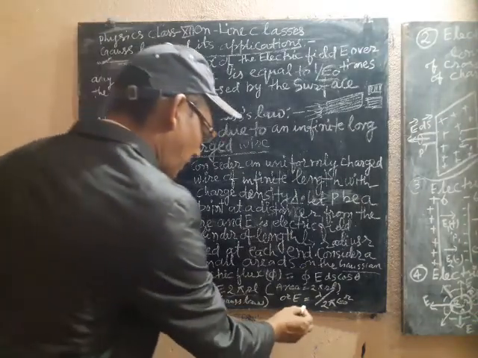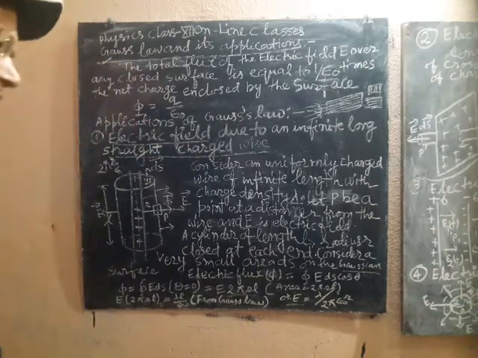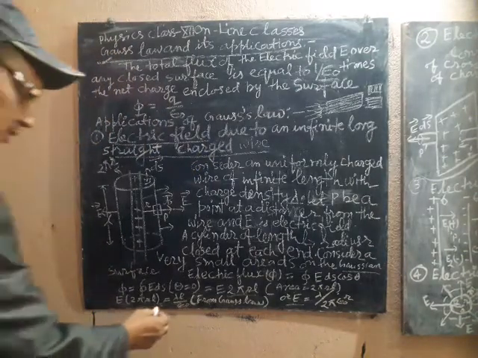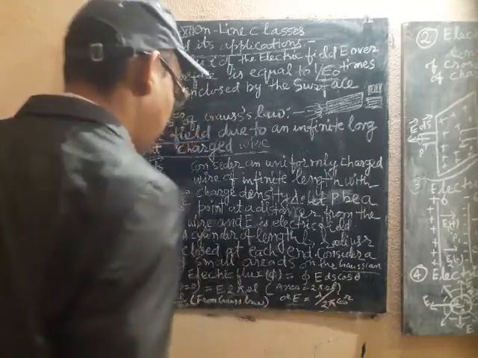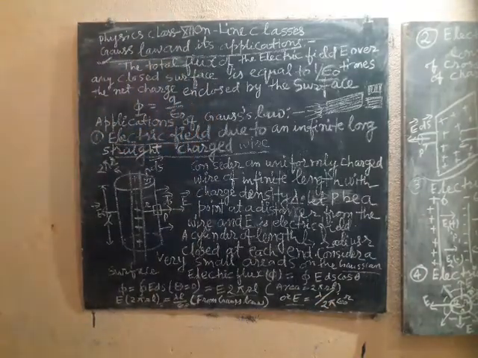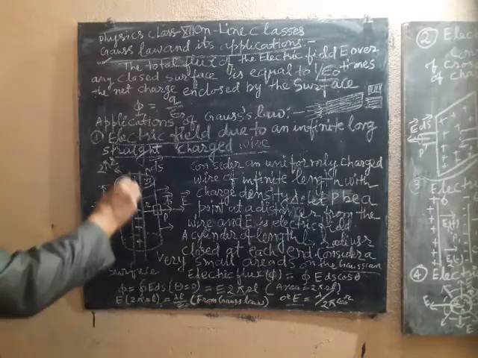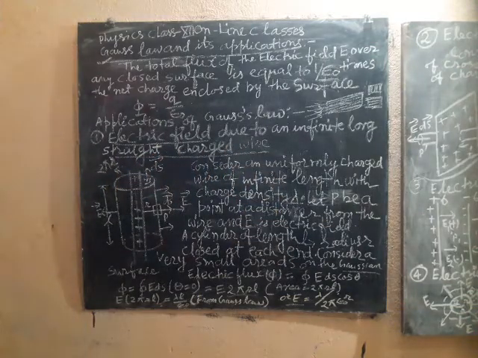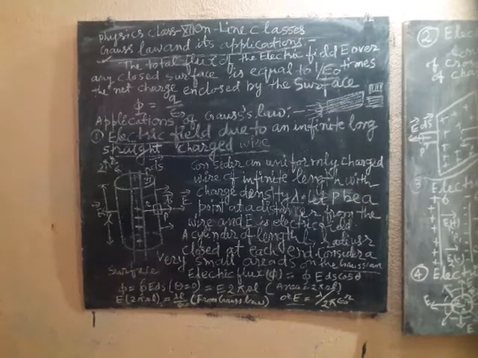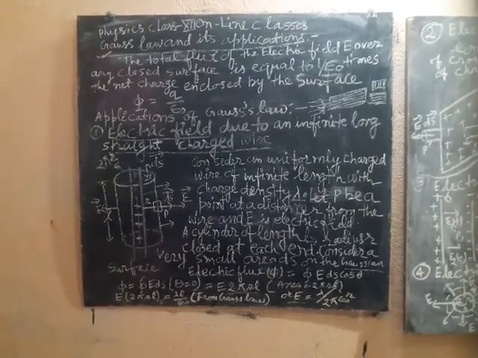Finally, you have to find the electric field, so E is equal to lambda by 2 pi epsilon 0 r. This is the electric field due to an infinitely long straight charged wire. Try to understand all the things given here. It is an important question.